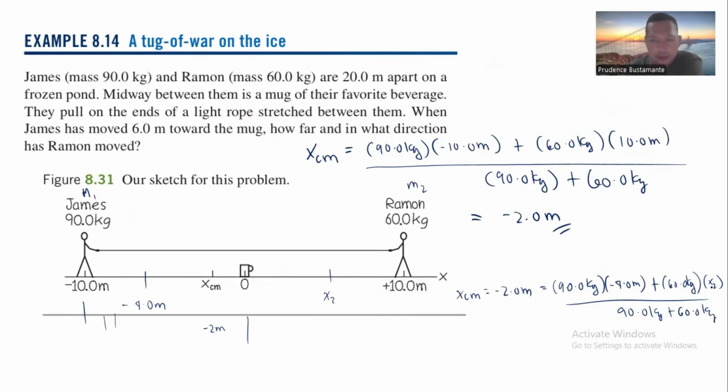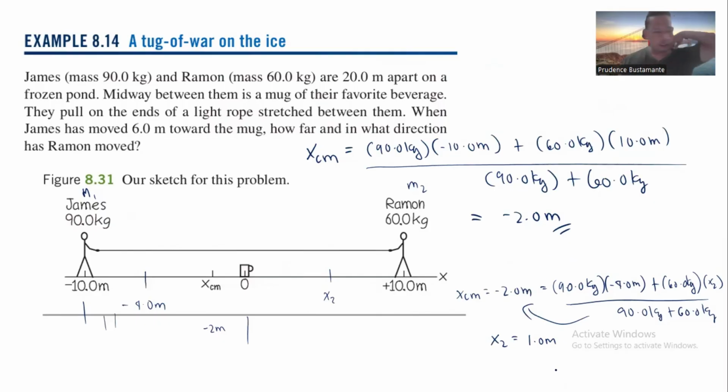What is now x2? If you do the calculations, multiply this out and then divide by this one, you're going to get 1.0 meters.